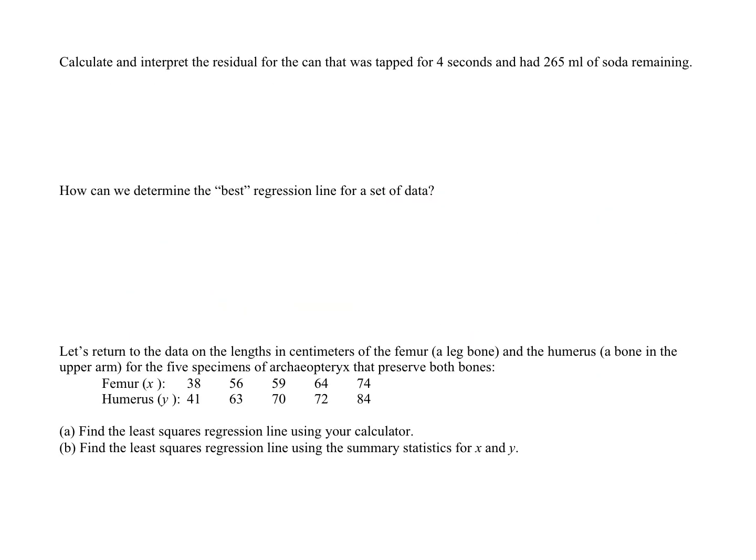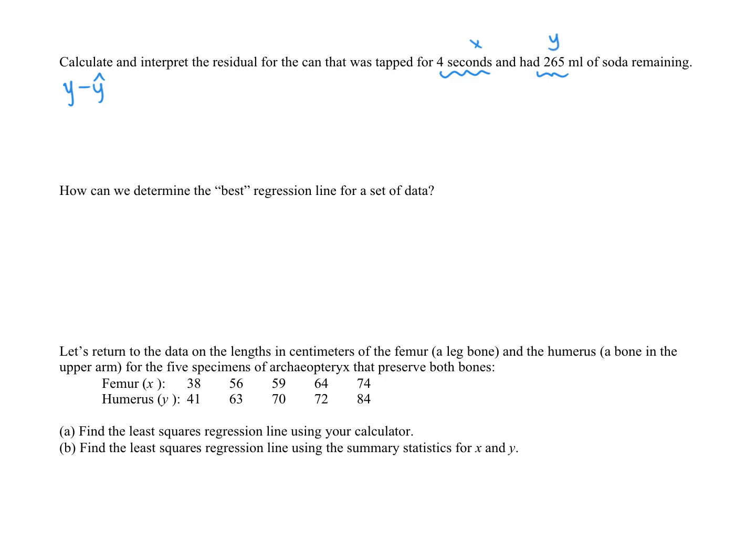So we are going to calculate and interpret a residual for the specific can that was tapped for 4 seconds and had 265 milliliters of soda remaining. So our residual, there's no symbol, but it's y subtract y hat. This 4 seconds is the x value. This 265 is y.